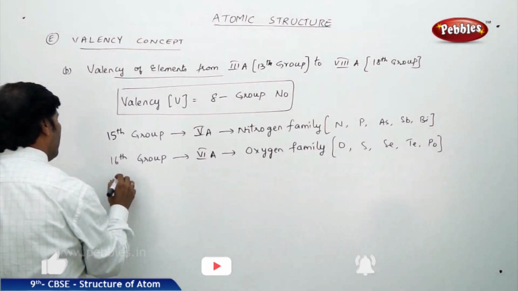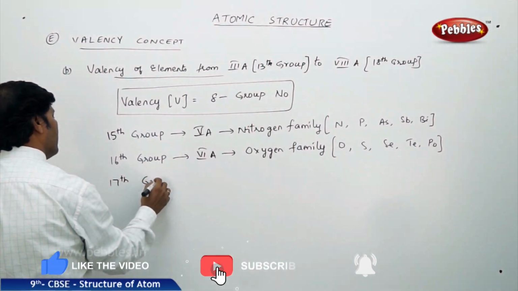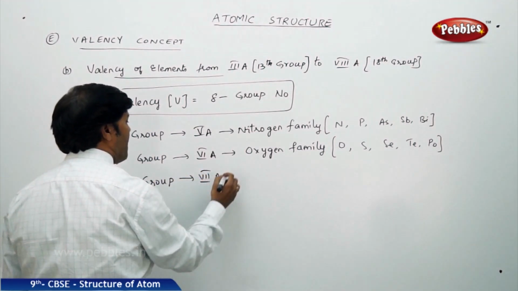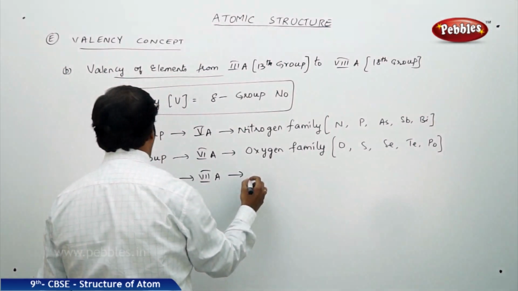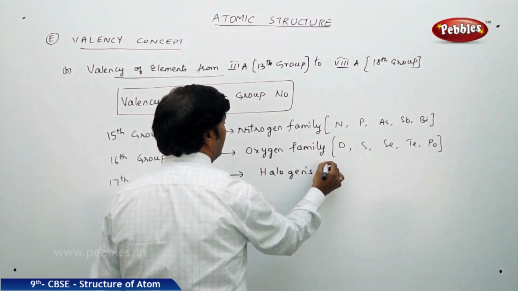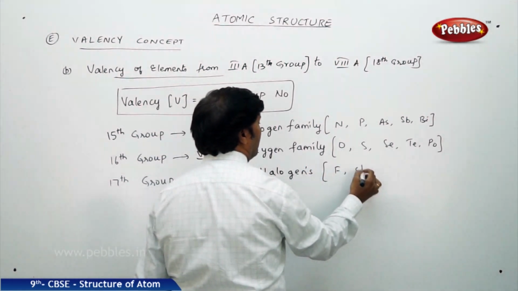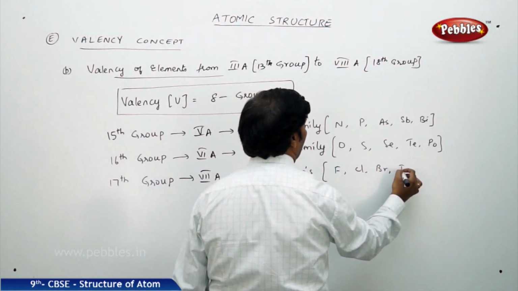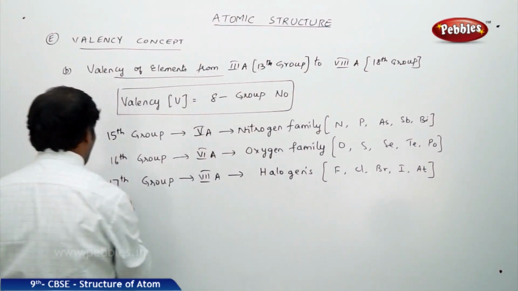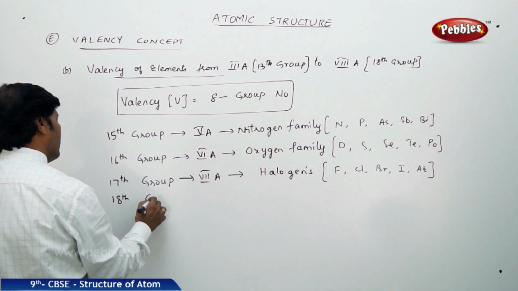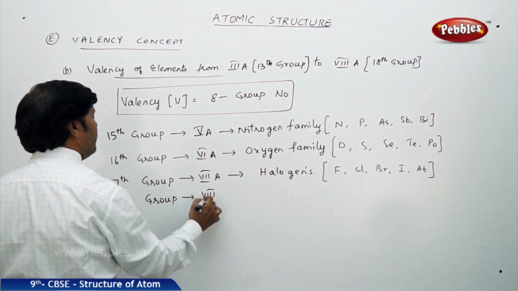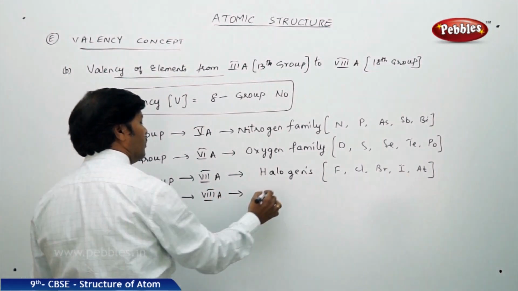Similarly, go for the 17th group, 7A, that is halogens. You can take fluorine, chlorine, bromine, iodine and astatine. Go for the 18th group, 8A group, noble gases.